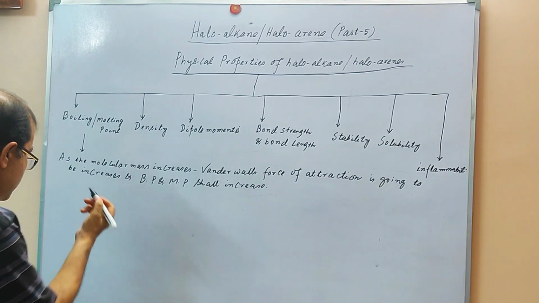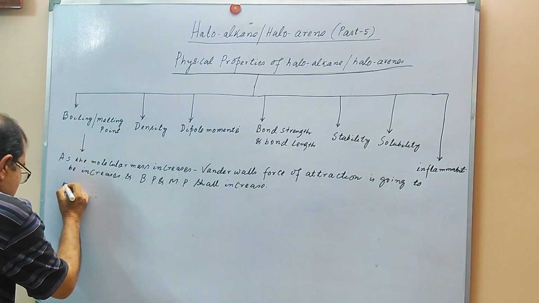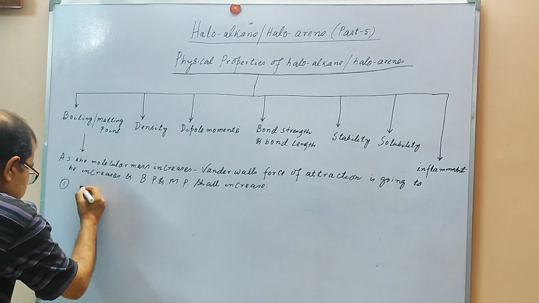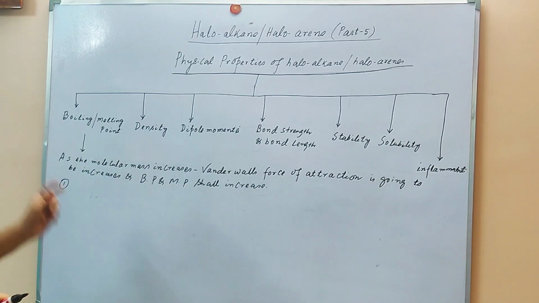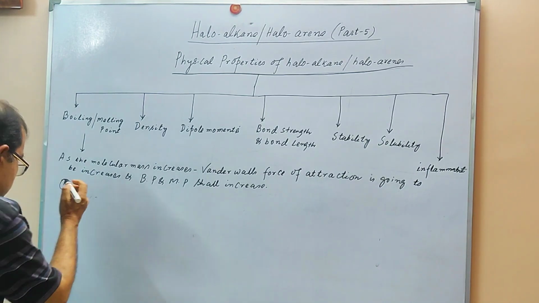We can see three instances. Number one, when the halogen is changing. Let us understand what the order of decreasing boiling point will be.